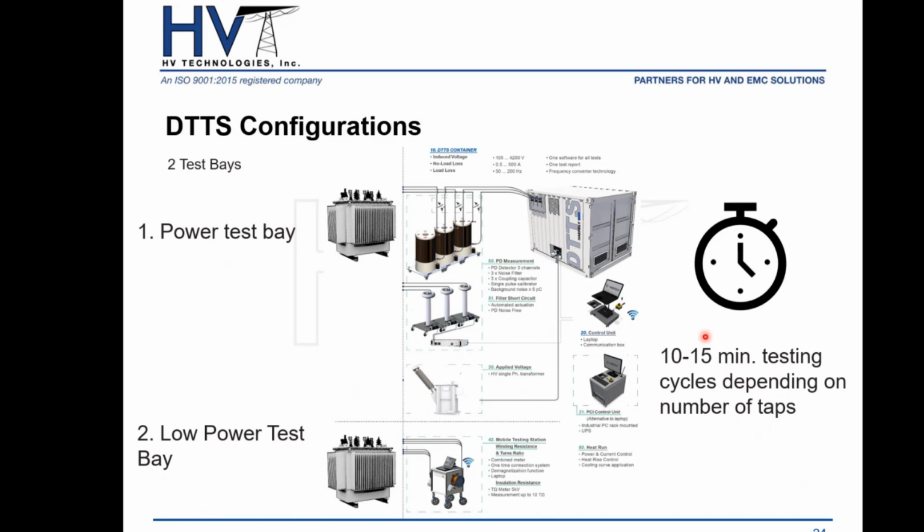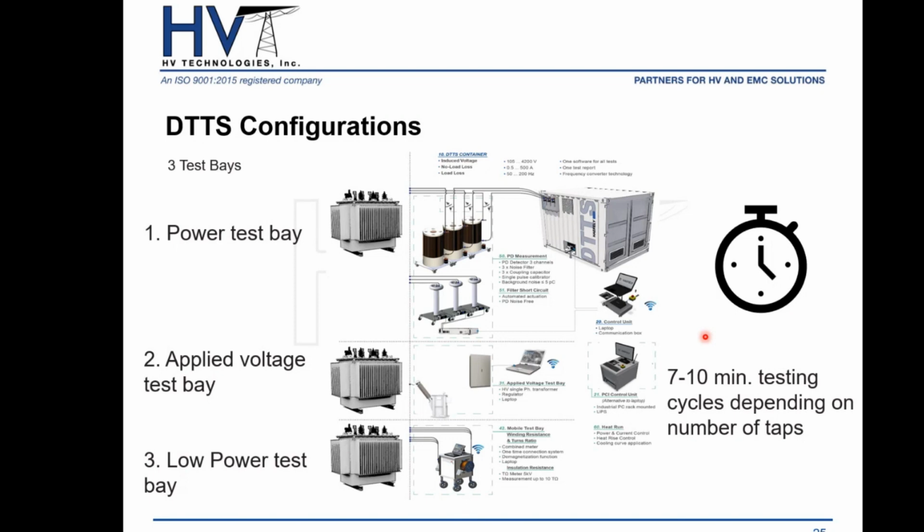But you have this capability of being able to test multiple transformers at the same time and speed up the time, so you have less backup as far as pending testing. Also, the DTTS can be provided as a three bay configuration. In a three bay configuration, we take out the applied voltage test.